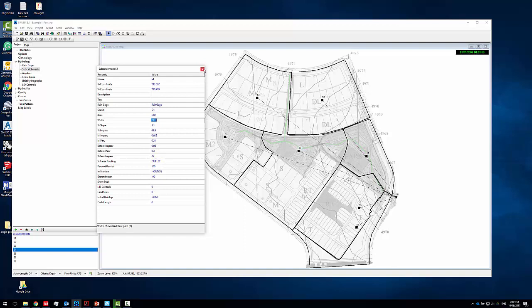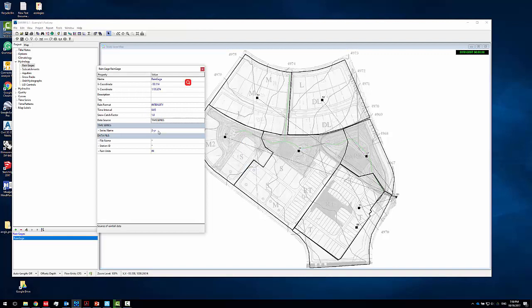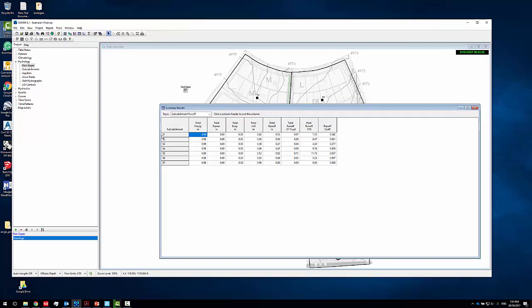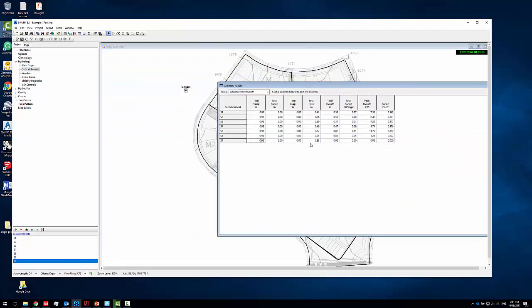But again, all the water will flow to this outflow. If I just run it, and this is just the 2-year intensity, you will find totally different results. The results give all the subcatchment results, and you will find this one has no runoff.